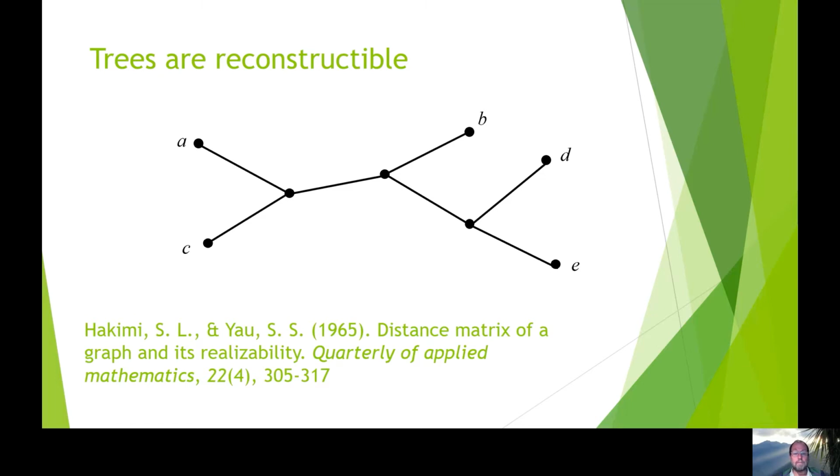But actually, the fact that this was true for trees was, I think, first proved in this paper going way back to Hakimi and Yao in '65. Of course, there were others involved later on in tree reconstructibility from distances, such as Buneman, but at least let's say that it's a well-known fact that we can get back a tree from its distance uniquely.